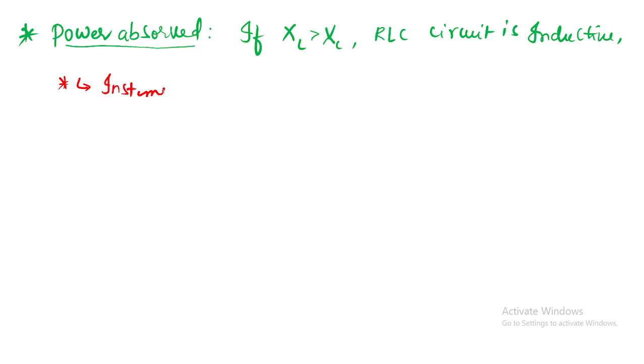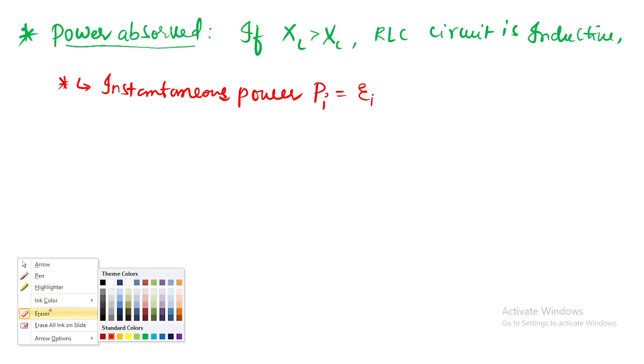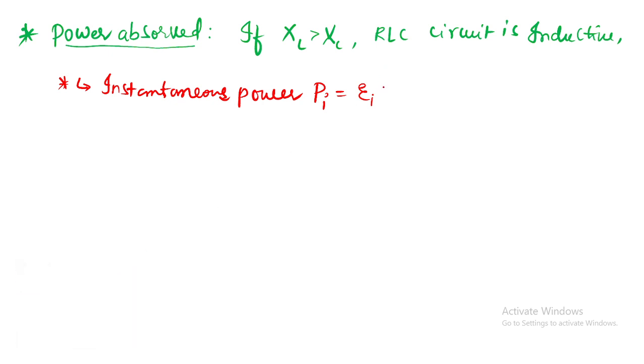Instantaneous power, P instantaneous, will be equal to the instantaneous EMF times the instantaneous current of that particular circuit. So here, automatically, what will it convert to?